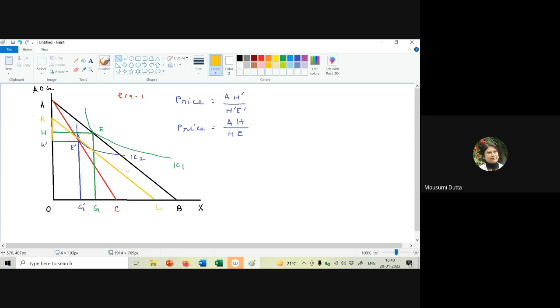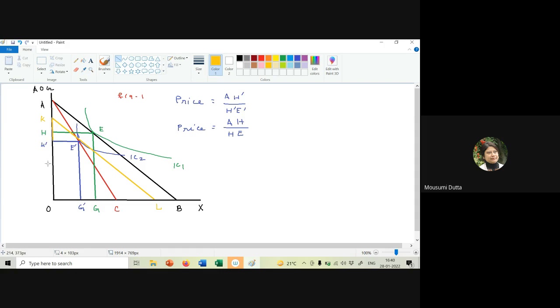If this price is there and you wanted to consume OG prime, not OG, your spending will be given by KH prime.